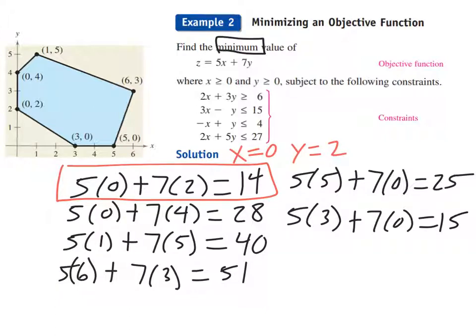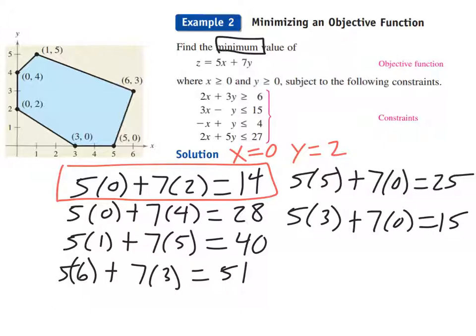Okay? Now here's something to think about. As you see that, you're like, hey, if you want to minimize it, why don't you just put in the point 0, 0? If you made both x and y 0, z would be 0, and you couldn't make it smaller than that. Remember, in a linear program, the only points that I can check have to be solutions to all my constraints.